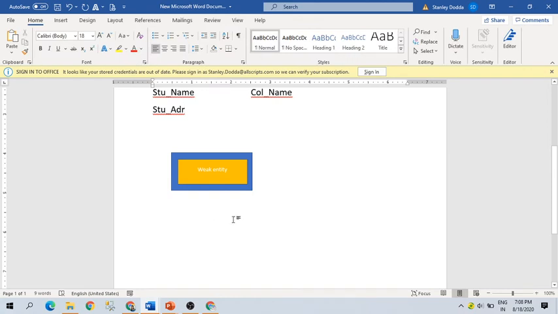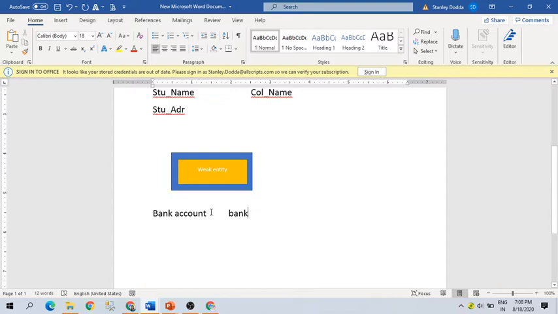So what could be the weak entity? For example, let's take an example of a bank account. This is a weak entity, and the other is bank.